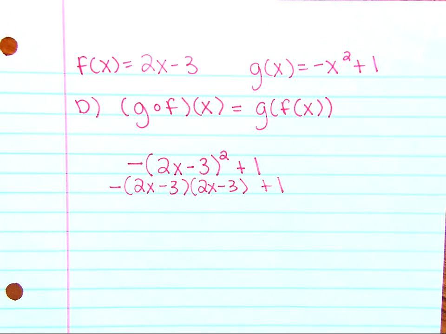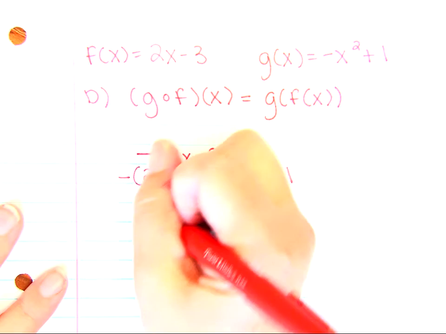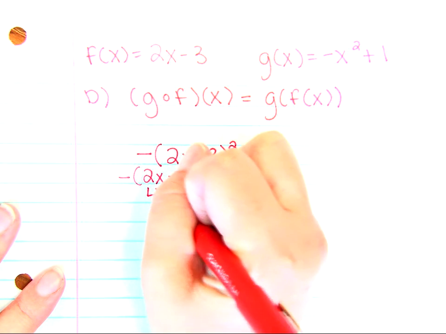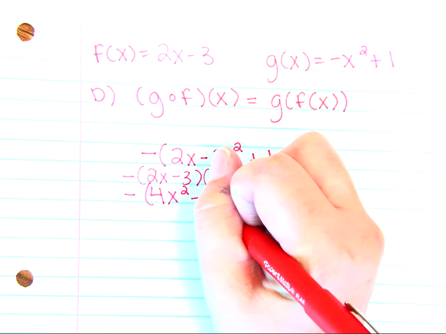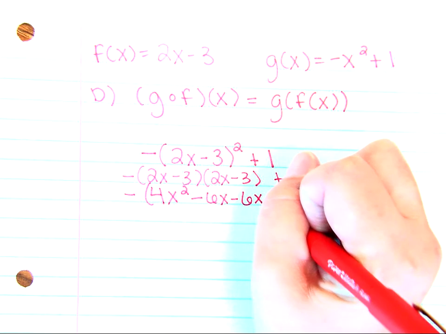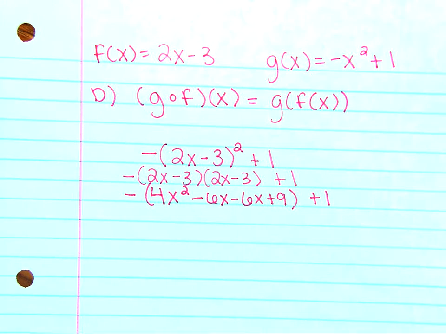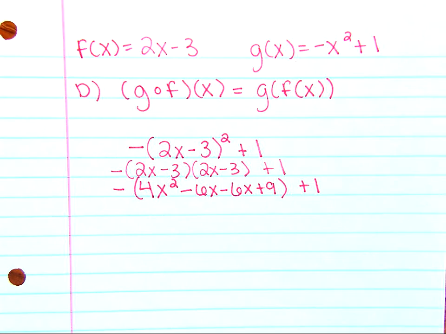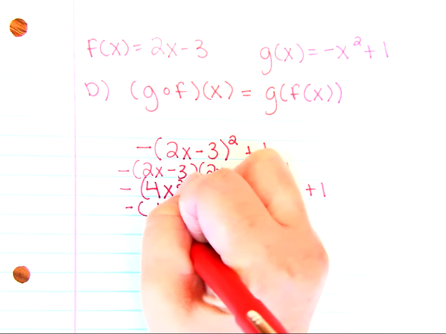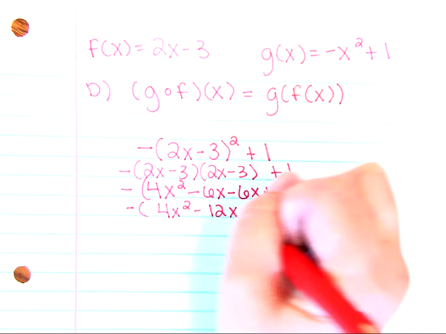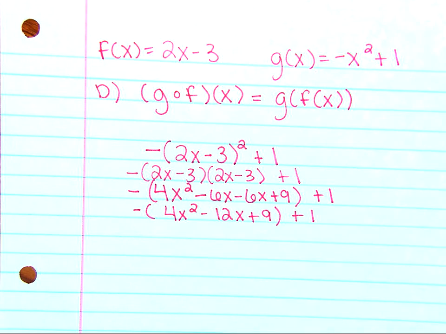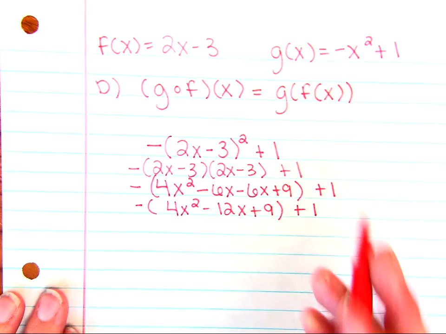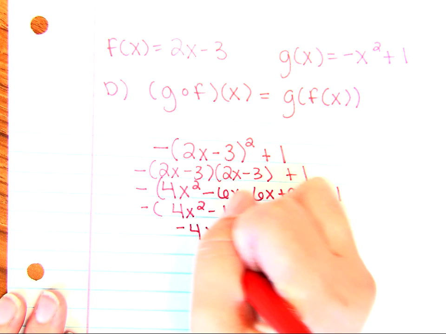So now might be a good time for you to pause the video and see if you can simplify. So all I'm doing is FOILing, and then I'm going to combine like terms. Now I just need to make sure that this negative gets distributed to my 3 terms in the parentheses.